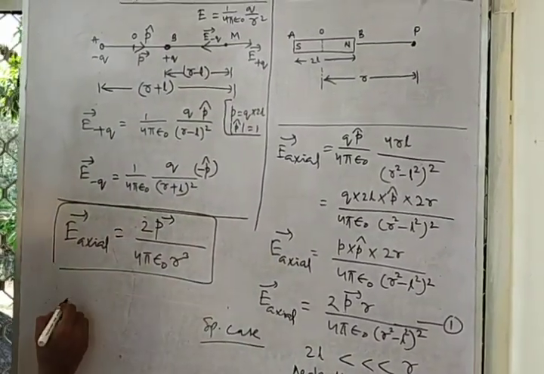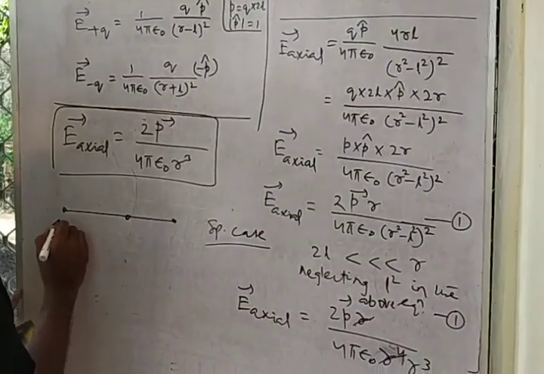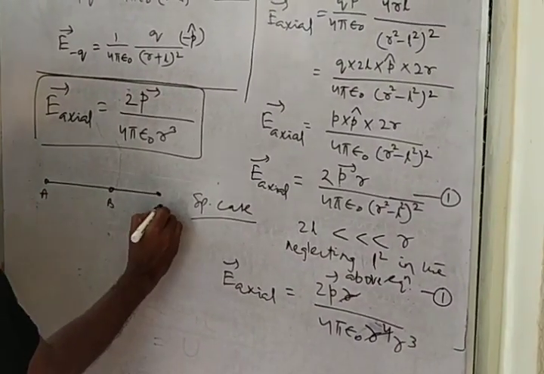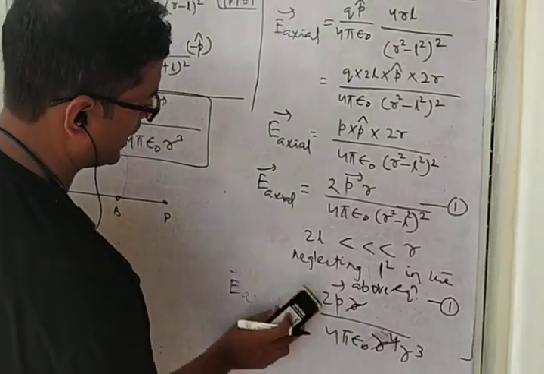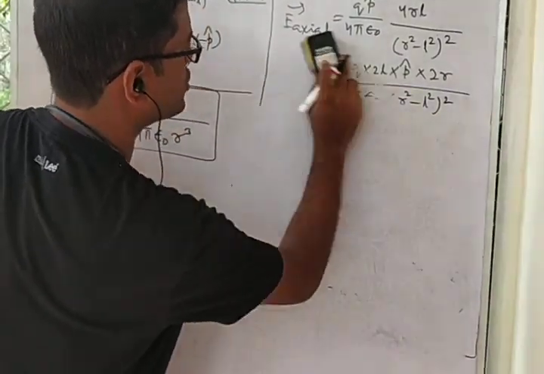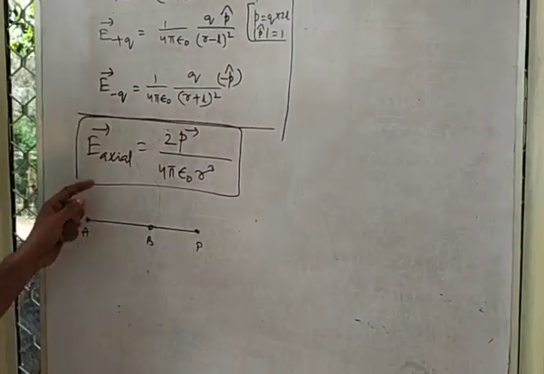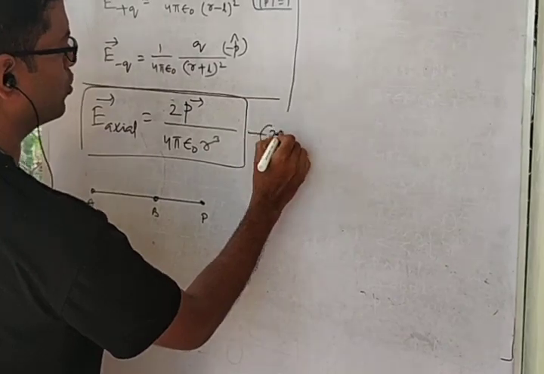If I try to tell you the direction, this is A, B, this is the point P where I want to find the electric field intensity. Already I have mentioned the magnitude. So the magnitude of electric field intensity is given in this equation 2.